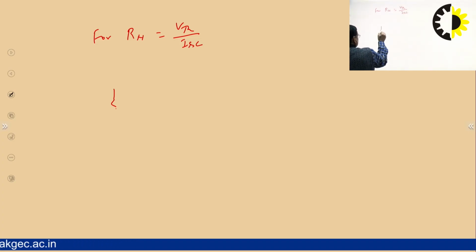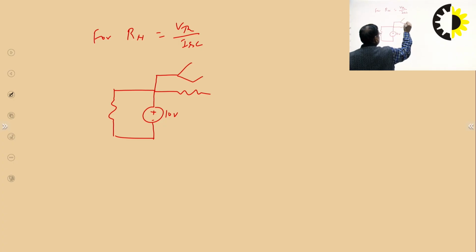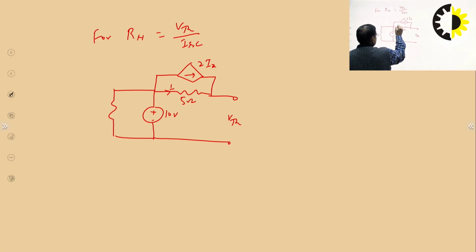So this is your circuit, this is your 10 volt, 5 ohm, this is independent source, this is your VTH, this is your 2 Ix, and this is your 5 ohm, this is Ix, original circuit, and this is your 4 ohm. So this voltage, this is VTH.